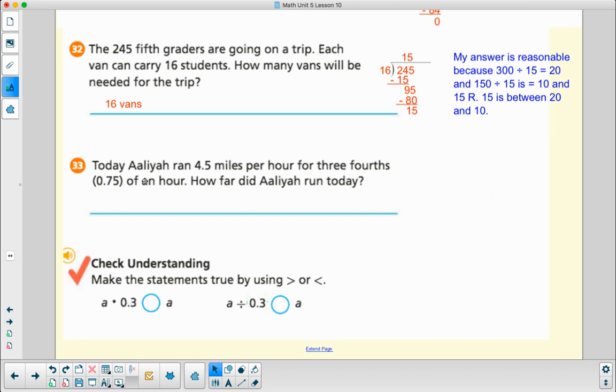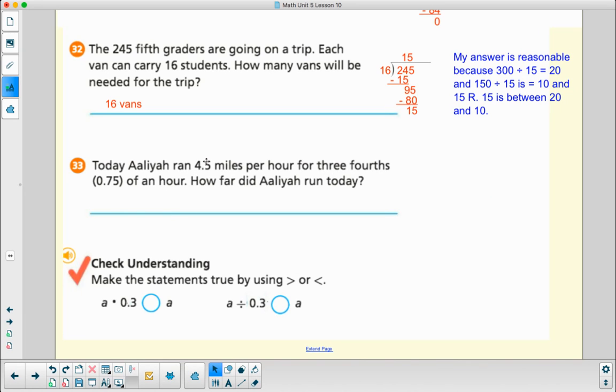Today, Aaliyah ran 4 5/10 miles per hour for 3/4, which is 75 hundredths of an hour. How far did Aaliyah run today? So I know that she did not run for an entire hour.